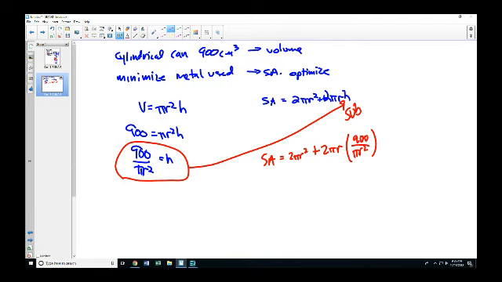Now we only have an r, right? I would rewrite this. The pi r's cancel out, so you end up with 1800 over r.